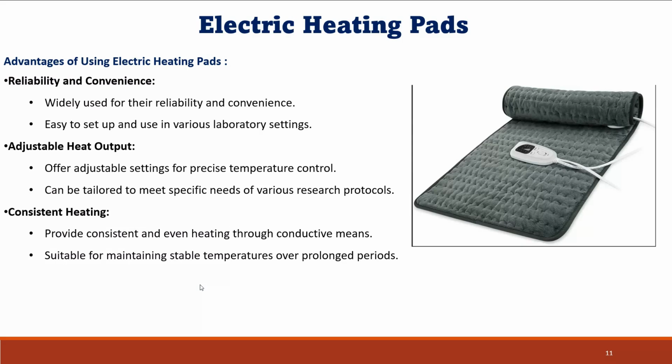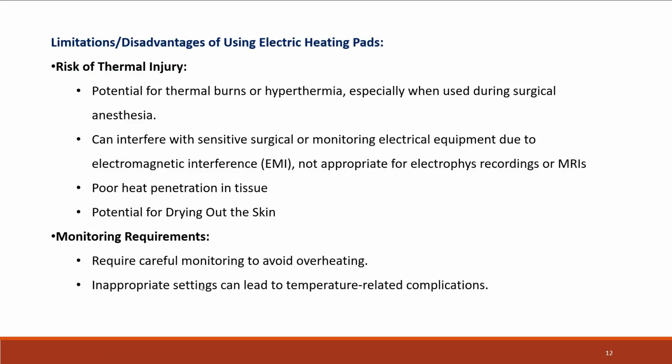You get more control with less variability. And the heating is also quite consistent because of uniform heat distribution in the heating pads that come with electrical heating systems. There can be tailor-made approaches with these heating pads as well.